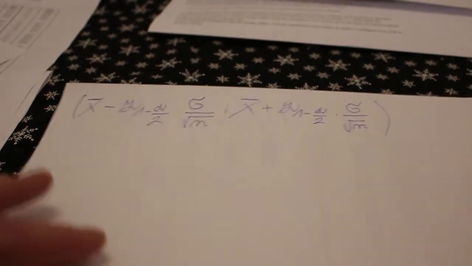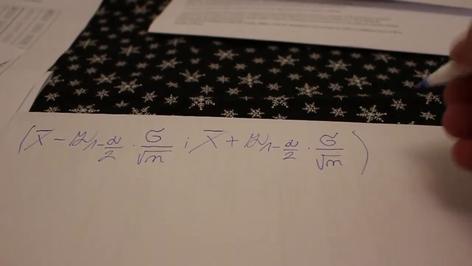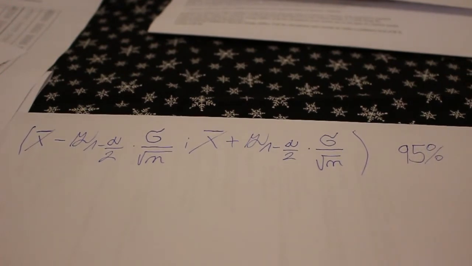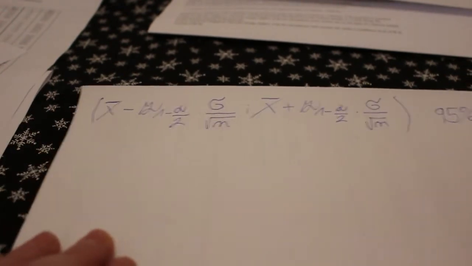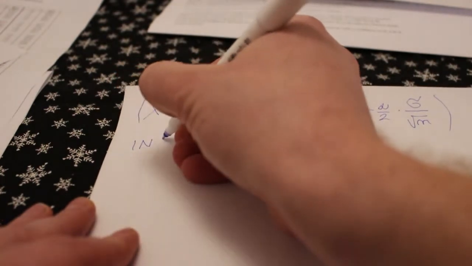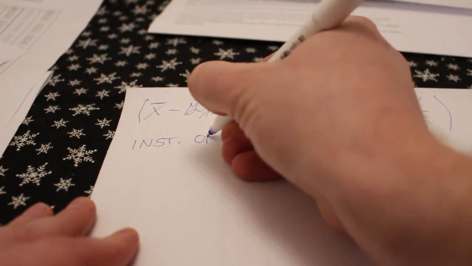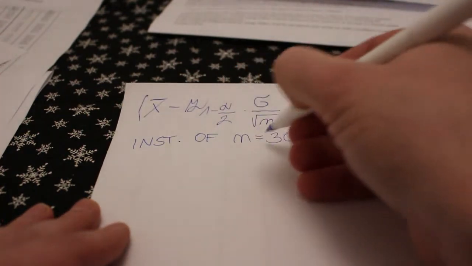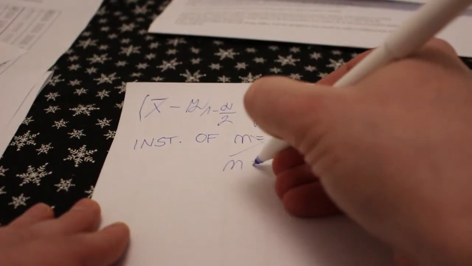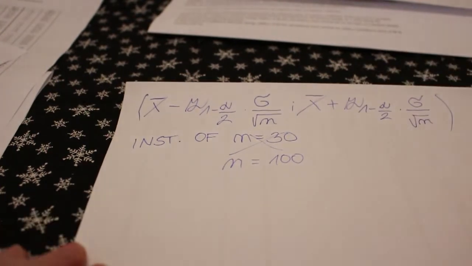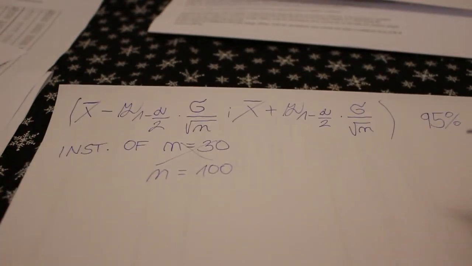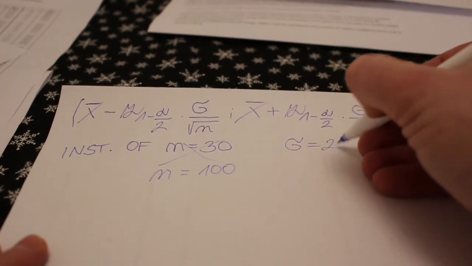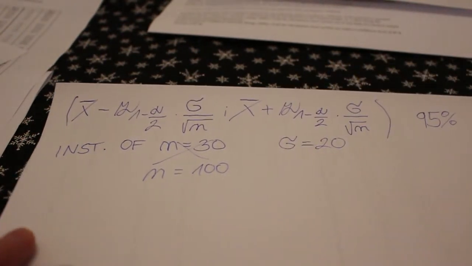So we will calculate again 95% confidence interval, but instead of n equal to 30, we will use n equal to 100. Do you remember we have sigma equal to 20 days?